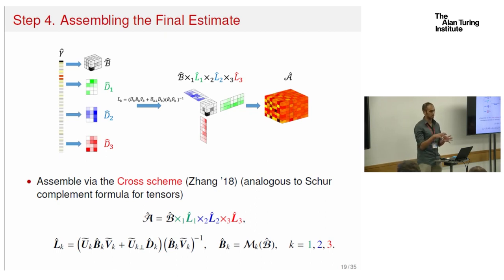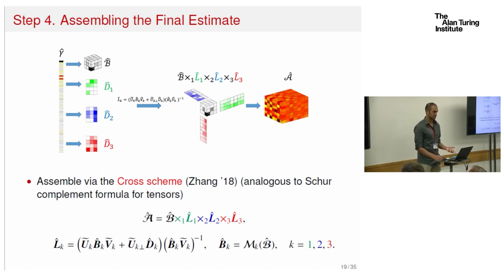For a Schur complement from matrices, you can imagine that if you have the top corner and the two arms, you can fill in the rest using the Schur complement formula. And so there's an analog for tensors that was developed. And that allows us to get this final estimate A hat.